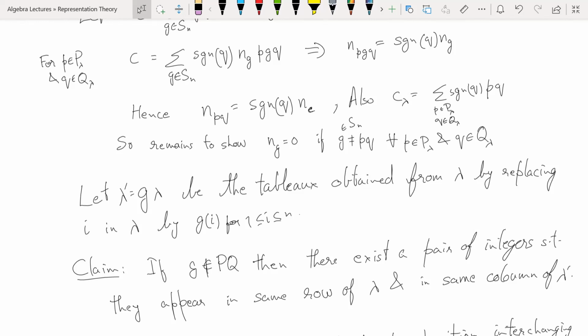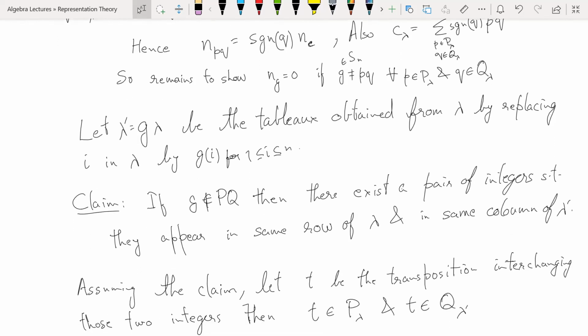So assuming the claim, let t be the transposition of these two integers x and y. Then of course t belongs to P lambda, because what this t does is just interchange these two.